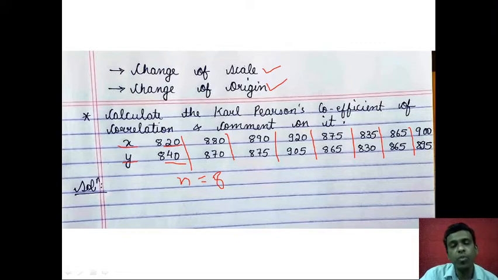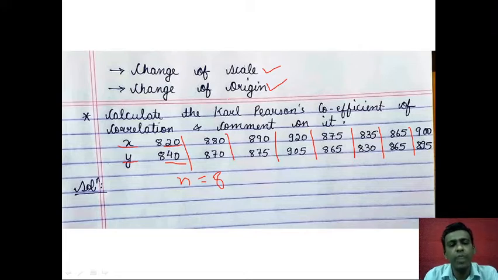Or else, if you want, you can use the same method which we have done in our previous problems. This is not a different method as such, only the first step changes and everything else, including the formula, remains the same.